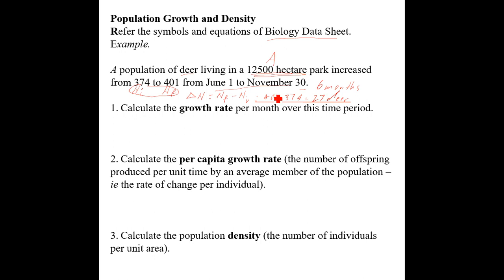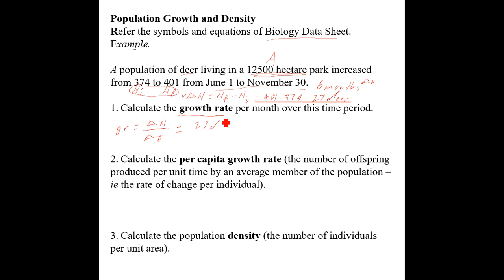So what does the first one say? Calculate the growth rate. You go to your data sheet and find the equation. Growth rate is the change in number, and notice that we just calculated the change in number, divided by the change in time, and that's what this is right here. That's the change in time, 6 months. So we already have those numbers. Let's just plug them in right away. Make sure you always write the units.